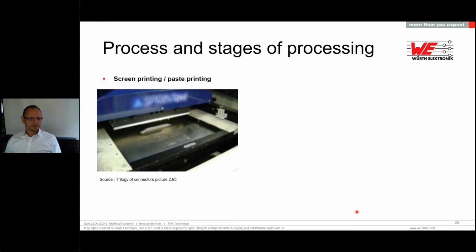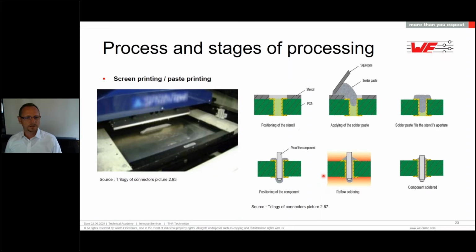So what does it look like? Here you can see an image of a traditional stencil with a squeegee, and so let's look inside here at the process. We saw that before. Here everything's open, that's the PCB, and here's the stencil on top.